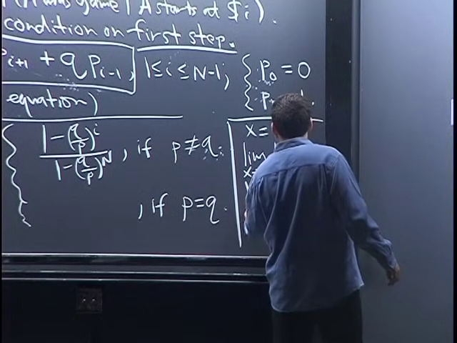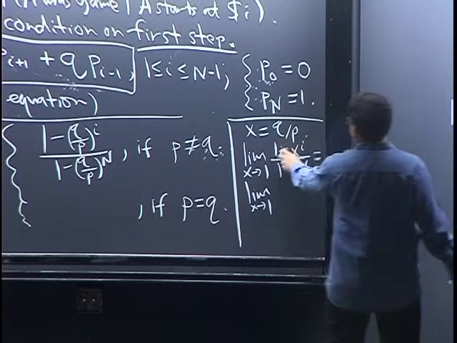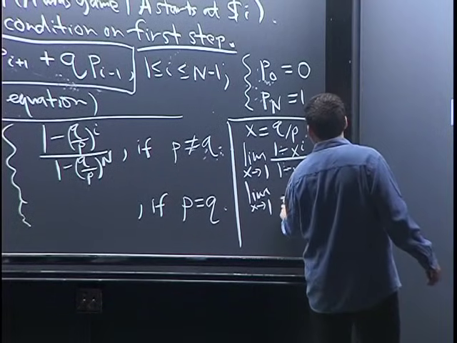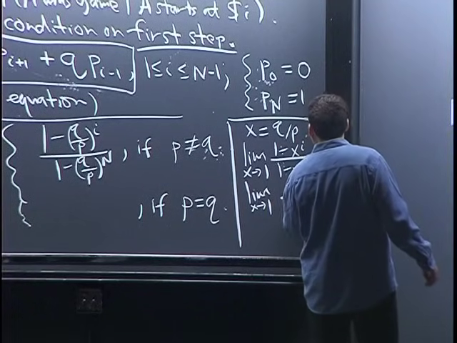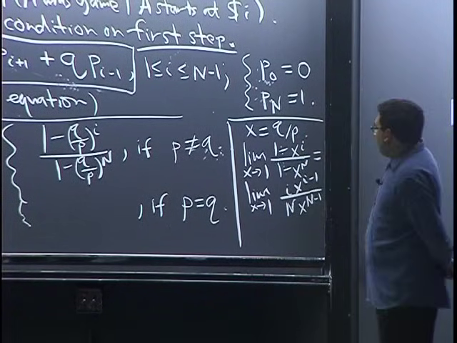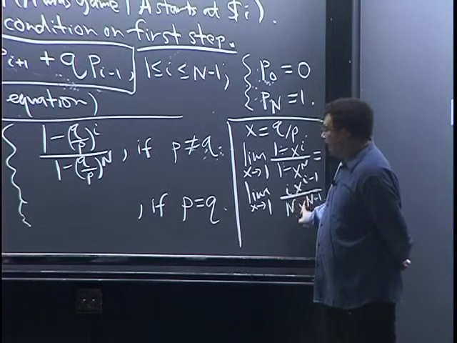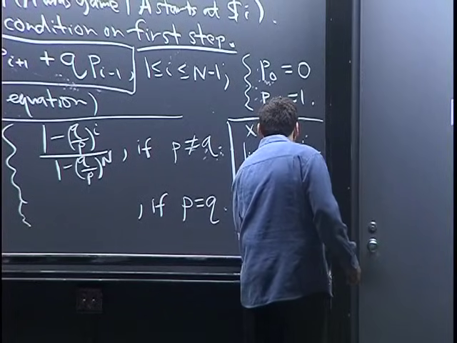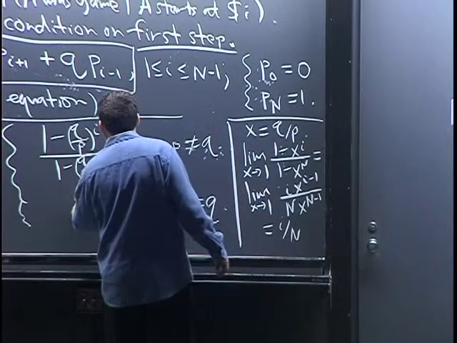So that's the limit as x goes to 1. I'm just going to take the derivative of the numerator and the derivative of the denominator: I x to the I minus 1 over n x to the n minus 1. The minuses cancel. Now, the x stuff is just going to 1, so we just have I over n. So I claim that the answer here is I over n.